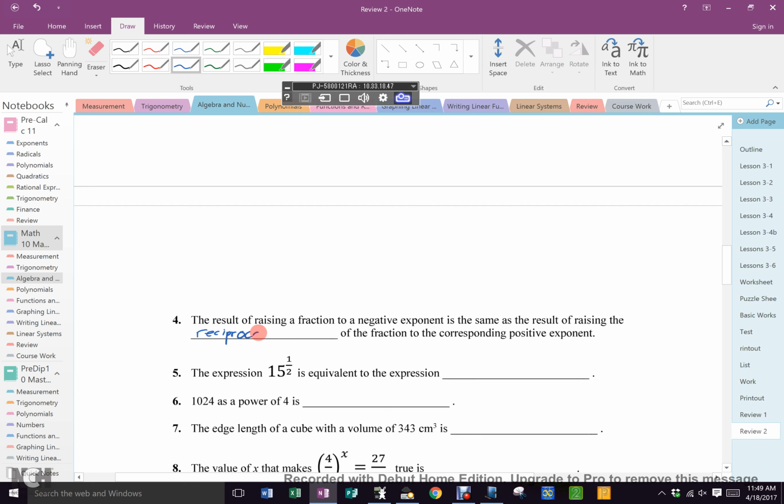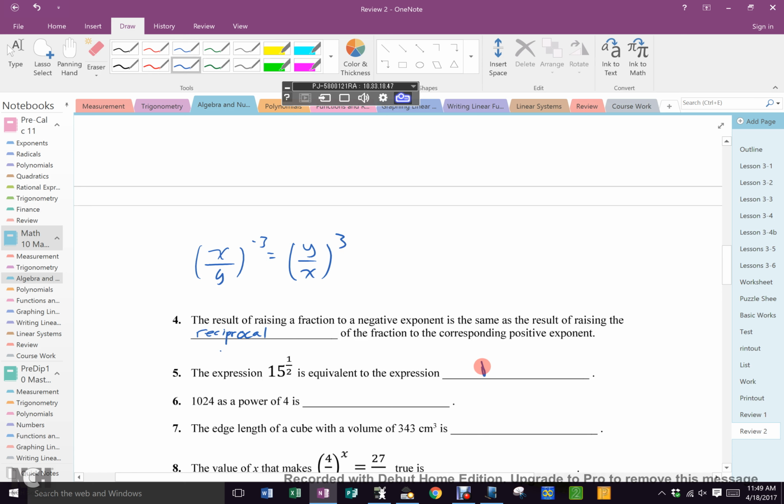Reciprocal. But some of you may have said the flip. I don't know what word you used, but it's this. X over y to the negative 3 is y over x to the positive 3. You just flip the fraction and change the exponent.